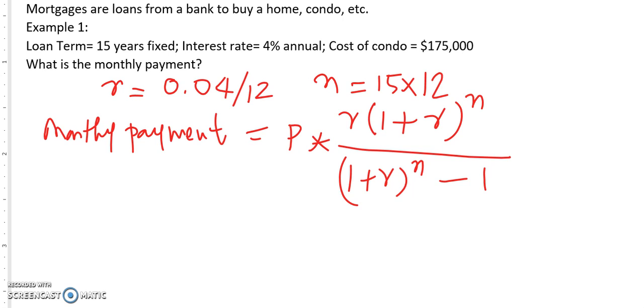This is the formula that we need to use. All we need to do is plug in the numbers. P is equal to $175,000.